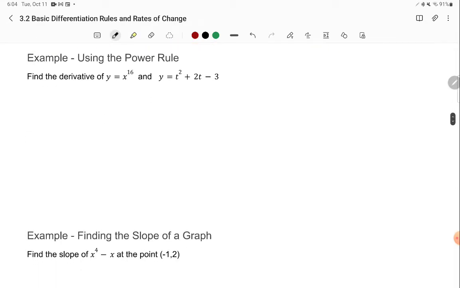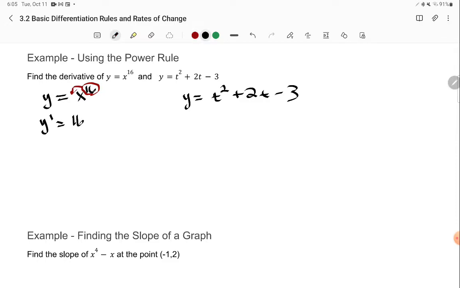So down here, you have y is equal to x to the 16th. Okay? And y is equal to t squared plus 2t minus 3. Now we're going to use the power rule to find the derivatives. Now using the power rule, what you end up doing is you're taking the exponent and bringing it down and multiplying to the variable.